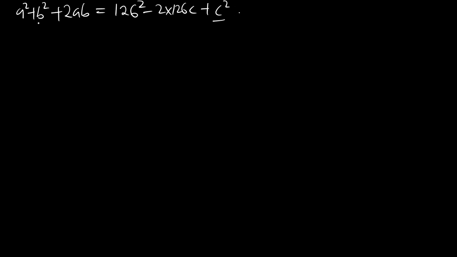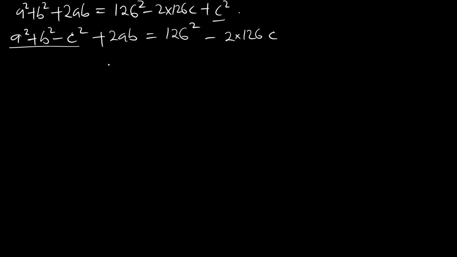So that means we have A squared plus B squared plus 2AB equal to 126 squared minus 2 times 126C plus C squared. If you move this to this other side, you have A squared plus B squared minus C squared plus 2AB equal to 126 squared minus 2 times 126C.